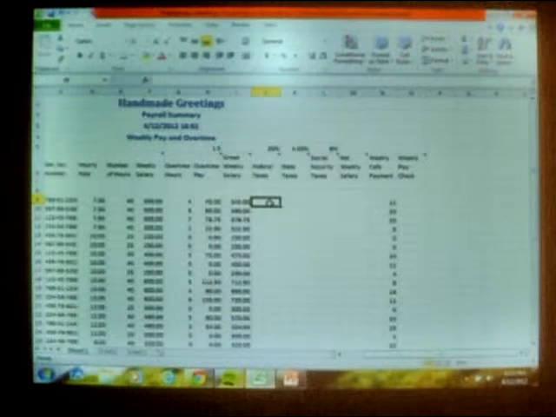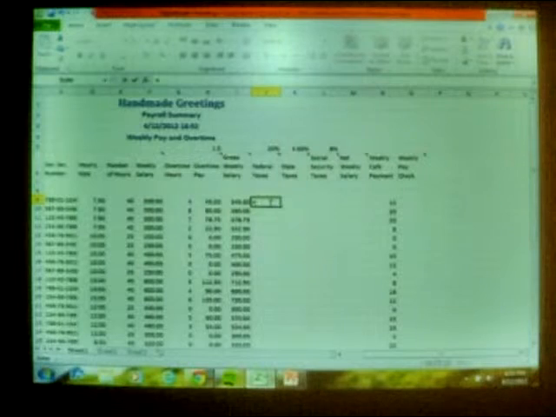Okay, so we're ready to find out about the taxes. So we're going to start with the equal sign, and we're going to the gross weekly salary times $J$5, and I'm back at the formula bar to enter.